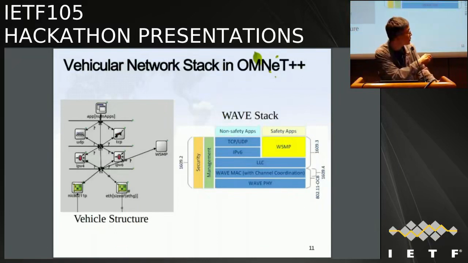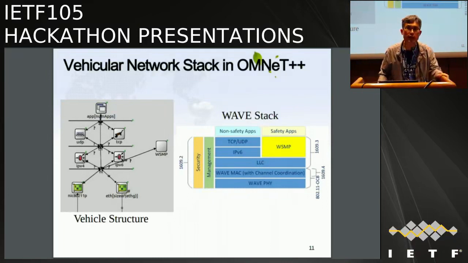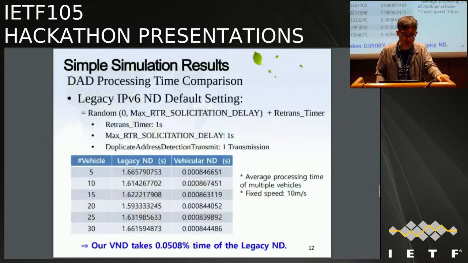On the left-hand side you can see the WAVE protocol stack. This is IP. This is the WAVE short message protocol for safety. We implemented the logical link layer and IPv6 over 802.11, and also neighbor discovery. The simulation result is that our neighbor discovery can reduce the delay of the legacy neighbor discovery.